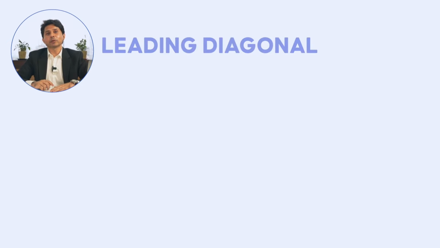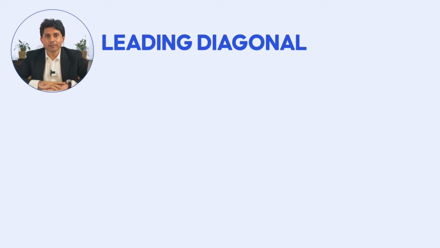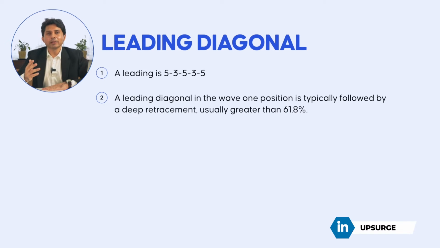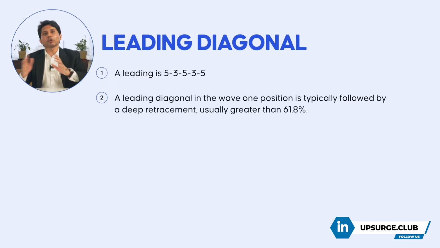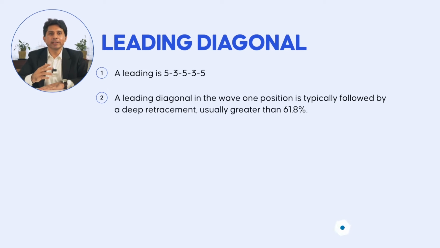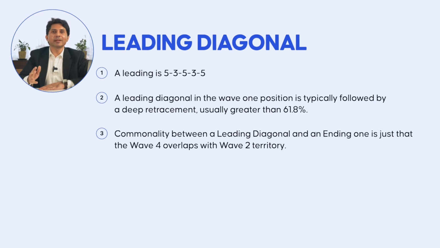At this point, let's look at the leading diagonal as well. A leading diagonal, as we have discussed, is 5, 3, 5, 3, 5, and typically happens in the wave 1 position of one larger degree. And after a leading diagonal, usually a deep 61.8% retracement also happens. The commonality between a leading diagonal and an ending one is just that wave 4 overlaps wave 1.